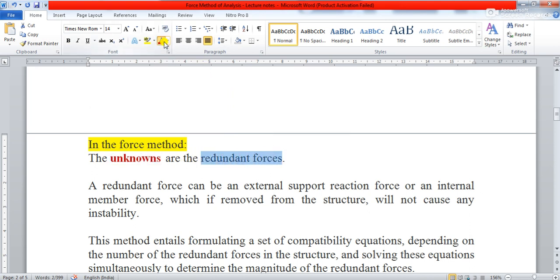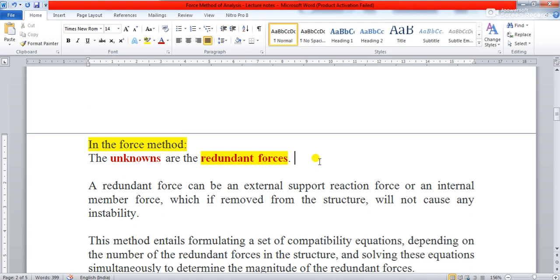This is a very important term, redundant forces. Whatever unknowns you are trying to solve using the force method of analysis will be termed redundant forces. Multiple times you will see this term come up in your structural analysis course.